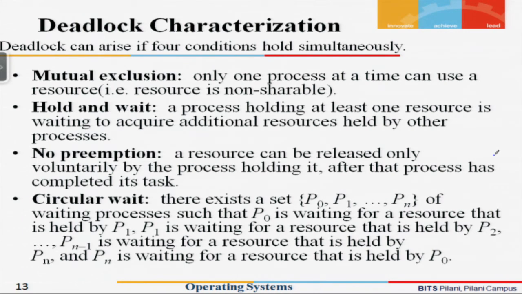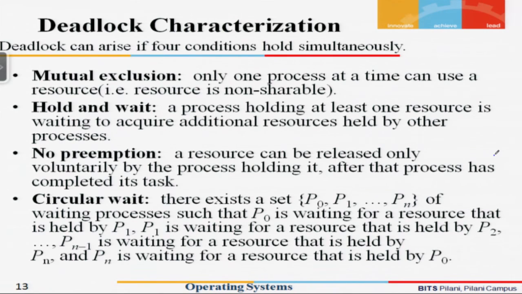So the prevention approach, since all the 4 conditions must exist simultaneously, the strategy for preventing the deadlock would be that we try to do something whereby one of these conditions is not allowed to occur in the system.